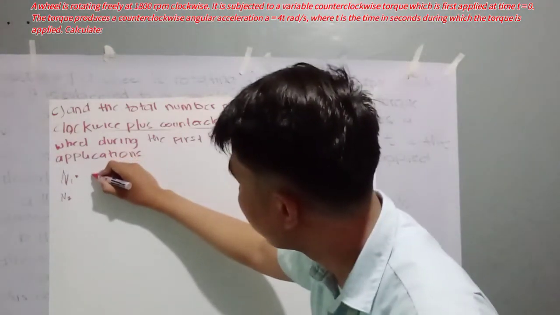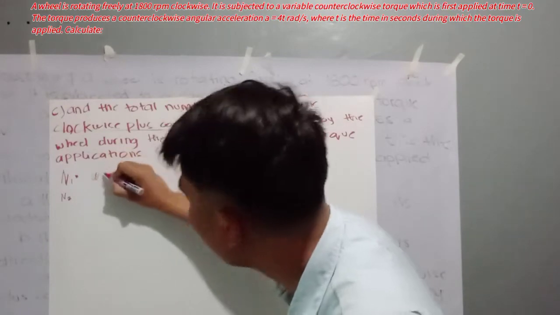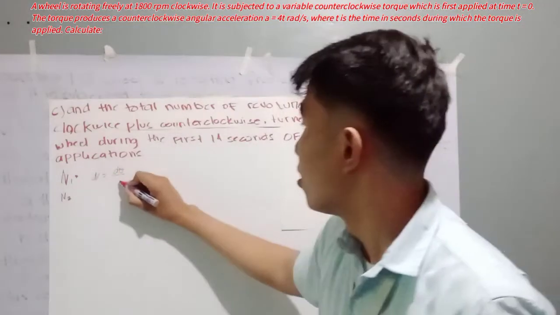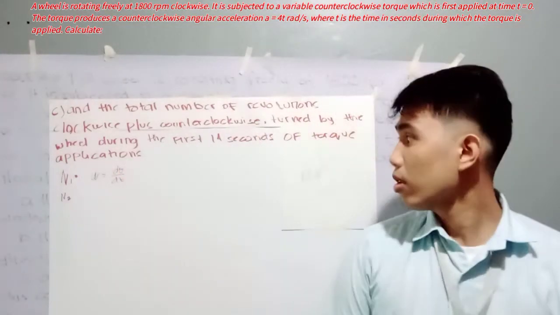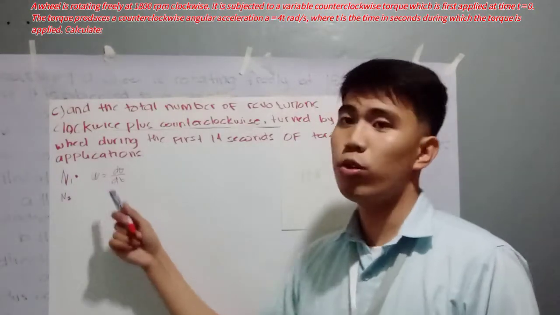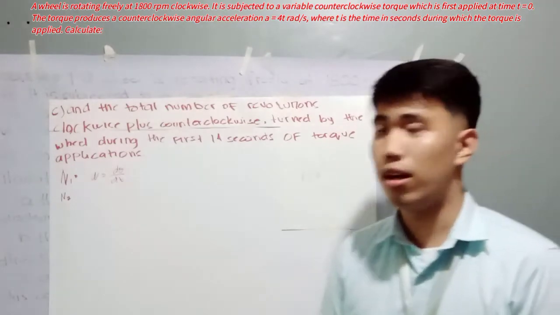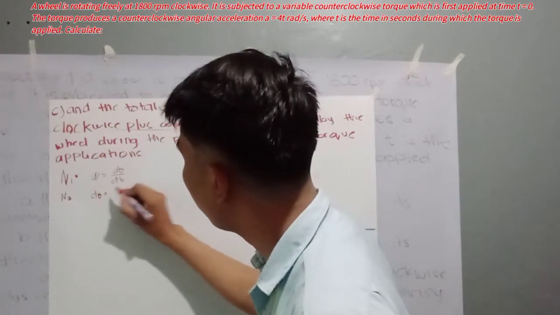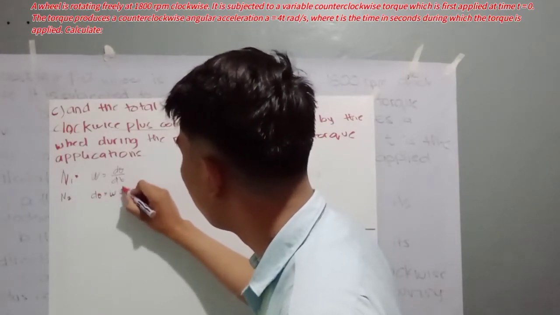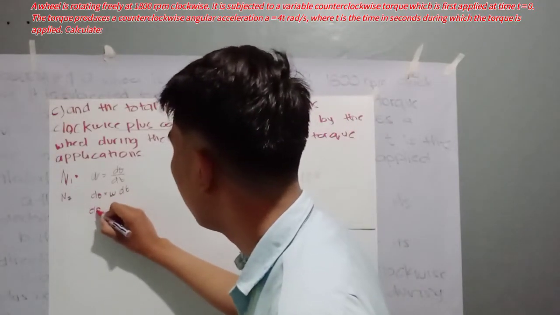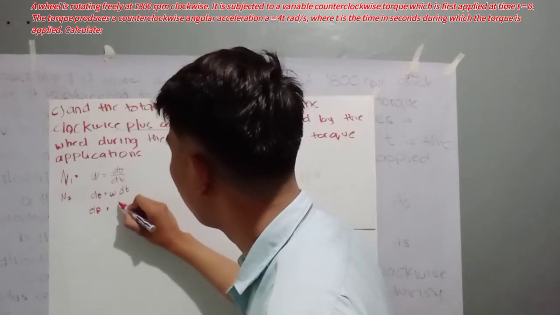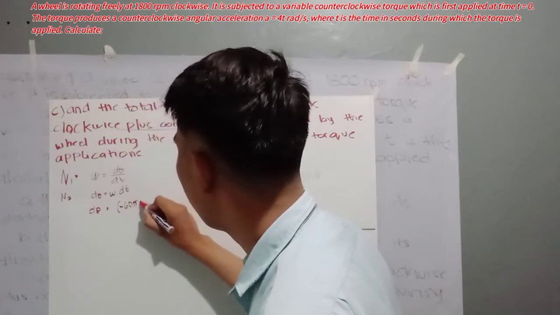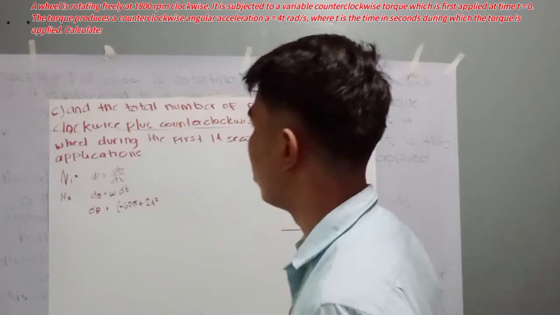Using the equation omega equals d theta over dt, we substitute our equation from problem A. So d theta equals omega dt, which is negative 60 pi plus 2t squared.